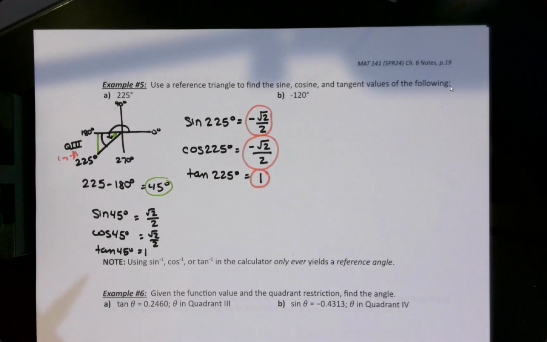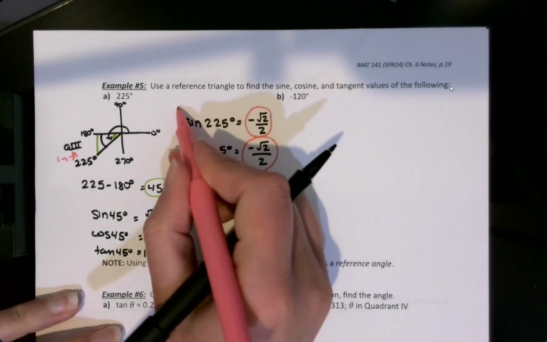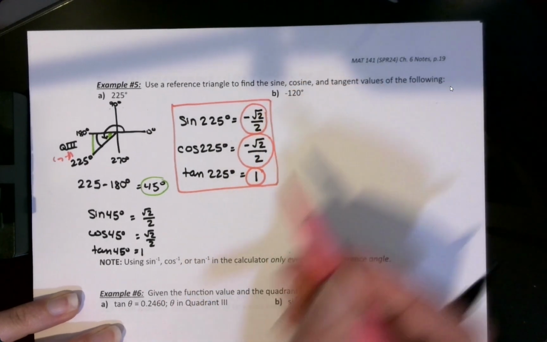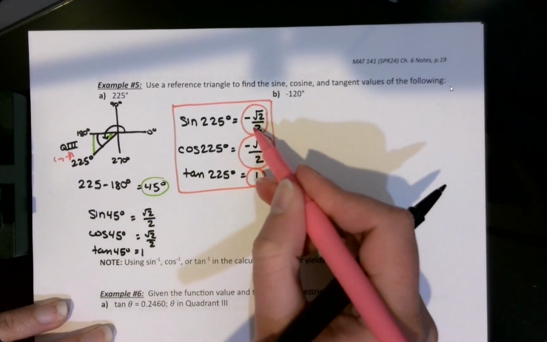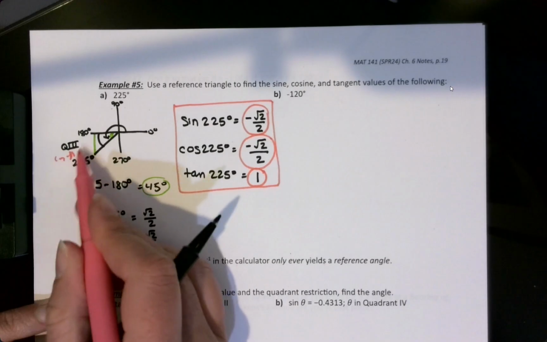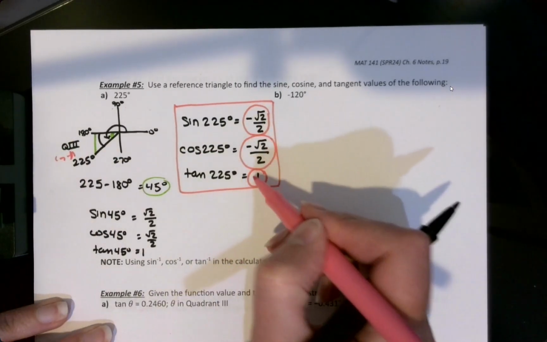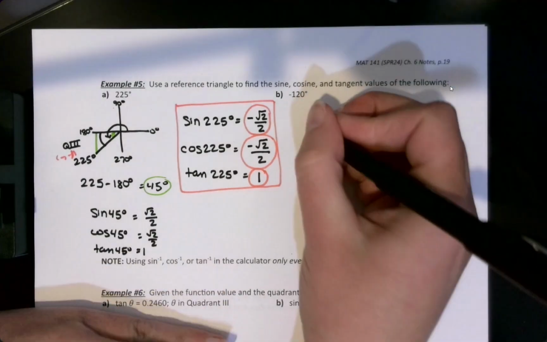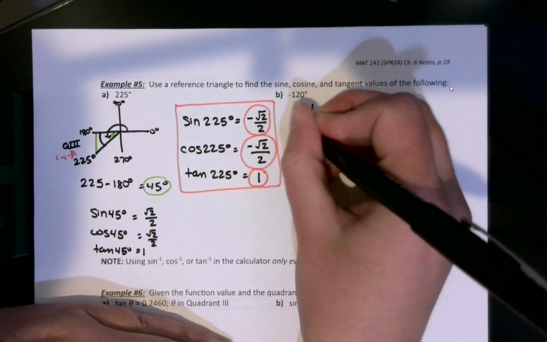Tangent is positive in quadrant 3. So these are the 3 values that we're looking for. And we use the reference angle to find the value, and we use the quadrant to find the sign, negative or positive. Okay. Continuing, let's look at the next one, negative 120.